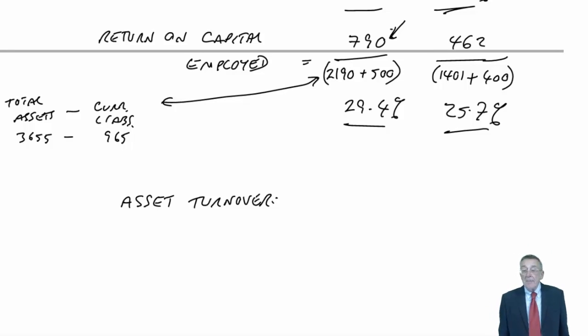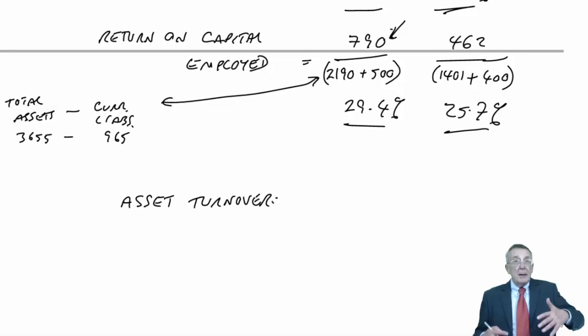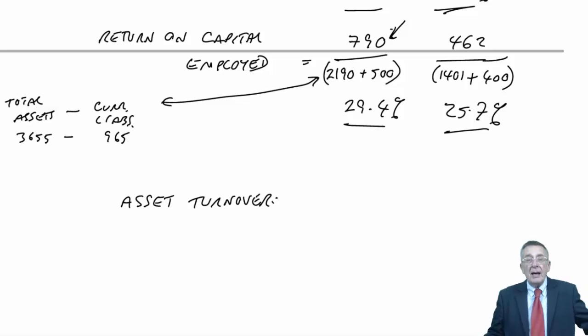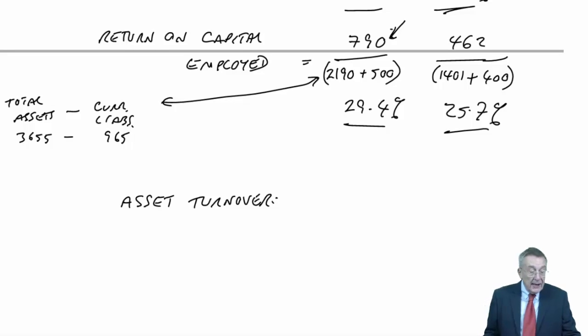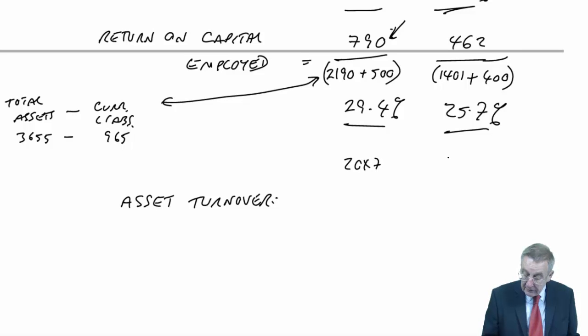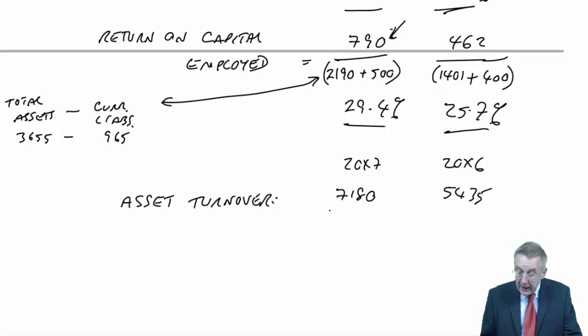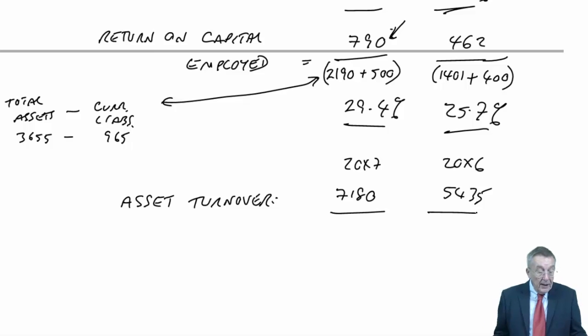Which looks to see, are we selling more for the amount of capital or less? You can see it's the revenue. Let me write my years down again because I've gone forward. It's the revenue, which this year was 7180, last year 5435, divided by the long-term capital.